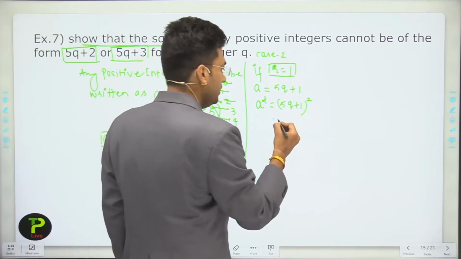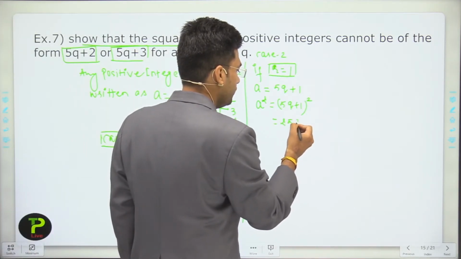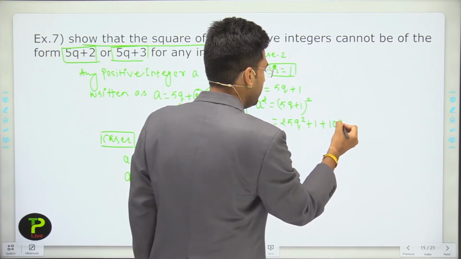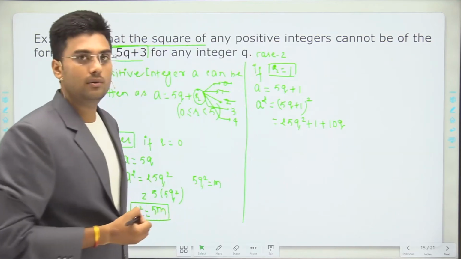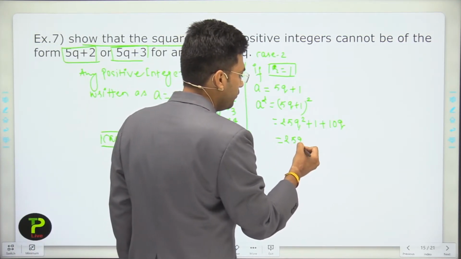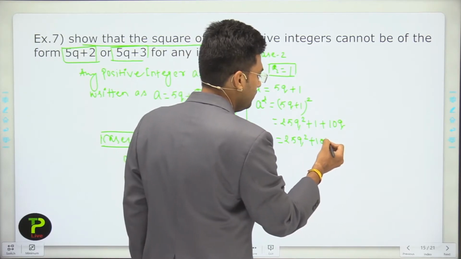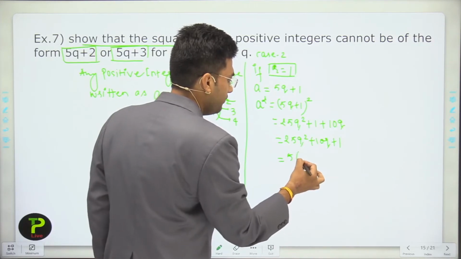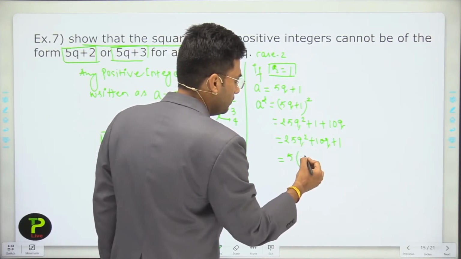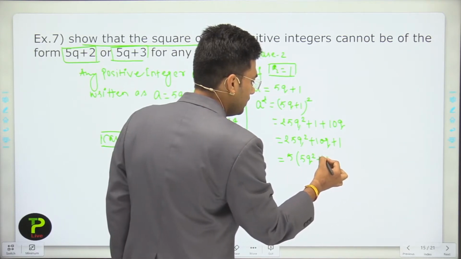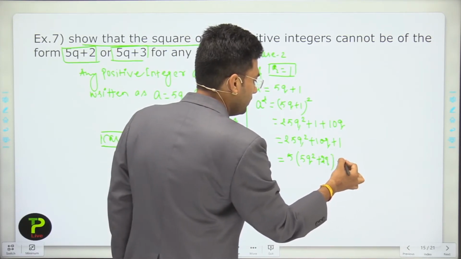So it is equal to 25q square plus 1 plus 10q. Now we can arrange it as 25q square plus 10q plus 1, and we can take 5 common. So we will get 5 times 5q square plus 2q, plus 1.